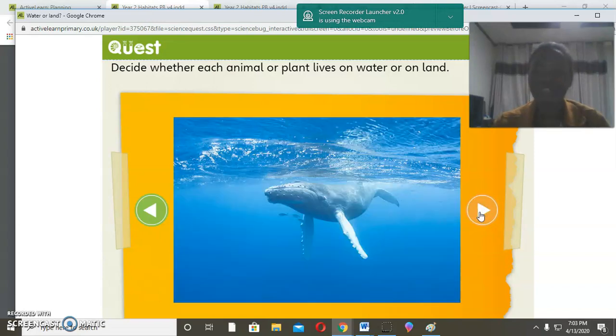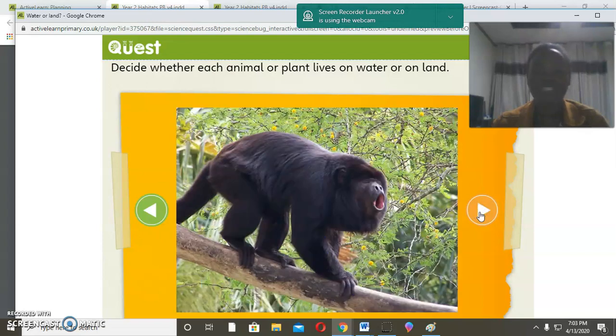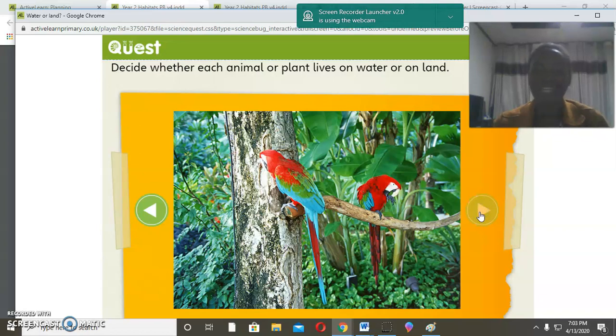How about this insect? Does it live on water or land? Okay, does this bird live on water or land? Okay, clap for yourself if you got the right thing.